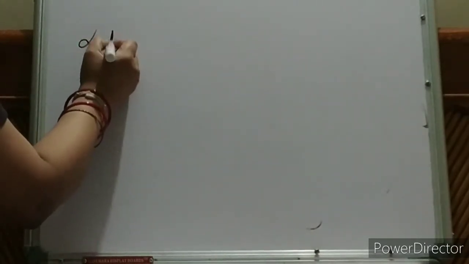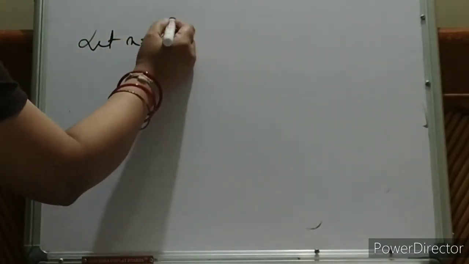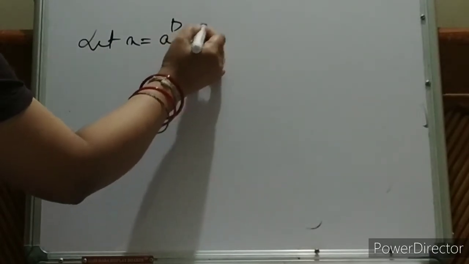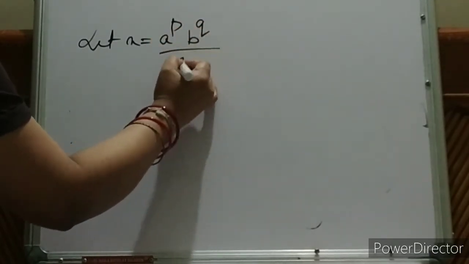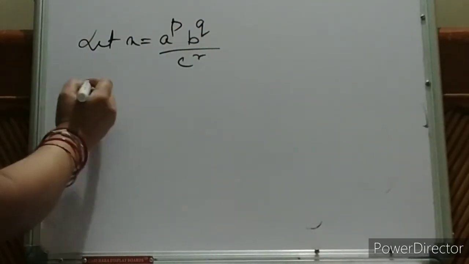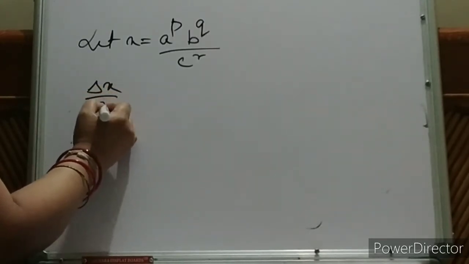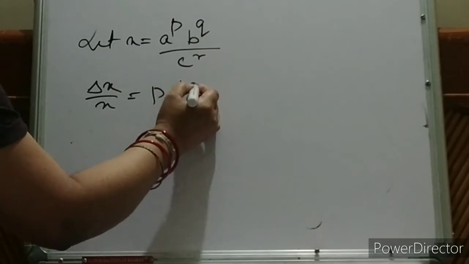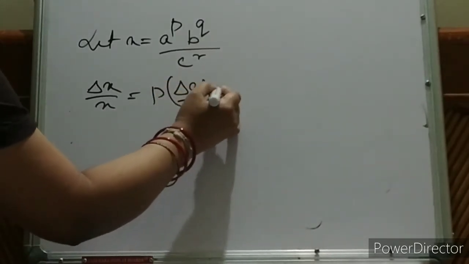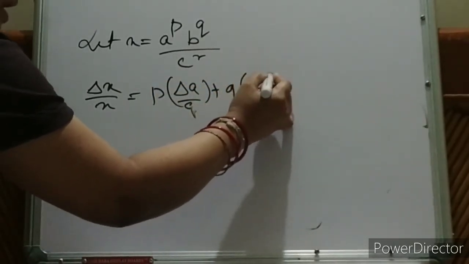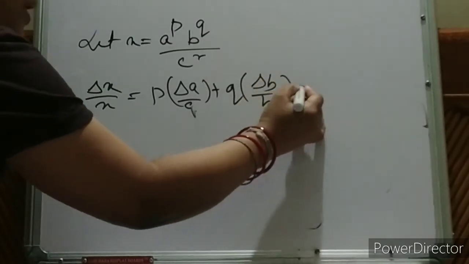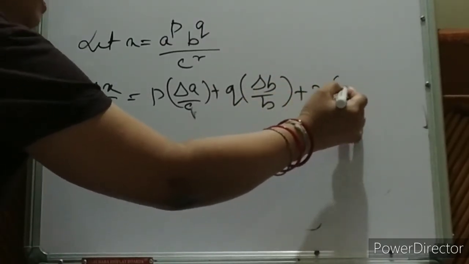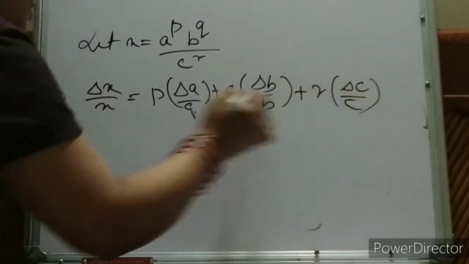Don't get confused. So let x is equal to a to the power p, okay, b to the power q and c to the power r. So what is delta x by x? Just power times, p times delta a by a plus q times delta b by b plus r times delta c by c.